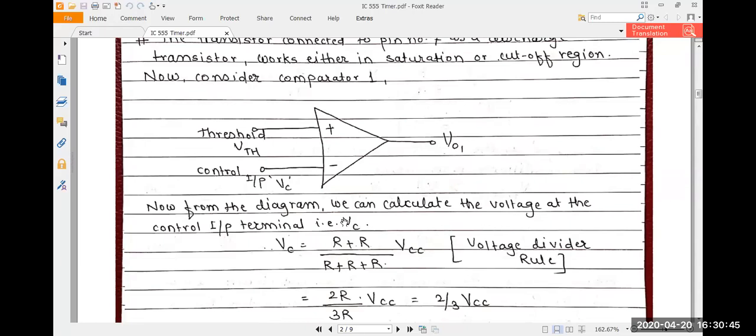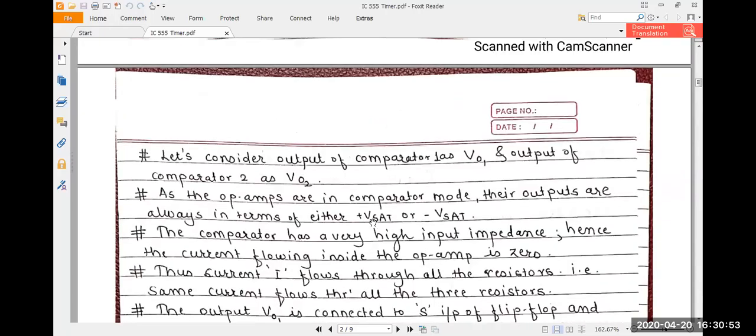Now from the diagram you can calculate the control voltage.